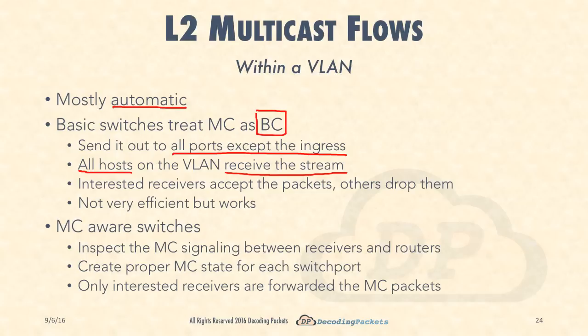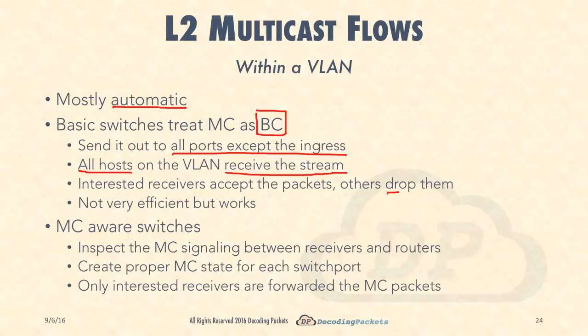What happens once the traffic gets to the actual hosts is that the interested receivers will accept these packets because obviously they're tuned to that multicast group. The other receivers will just drop the traffic. Obviously, it's not very efficient and it doesn't scale very well, but it works.